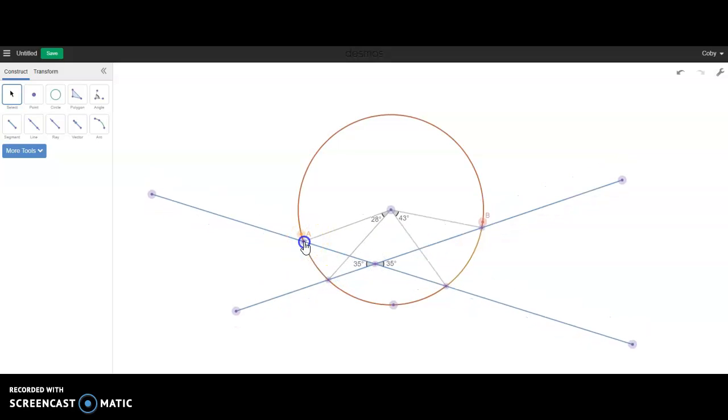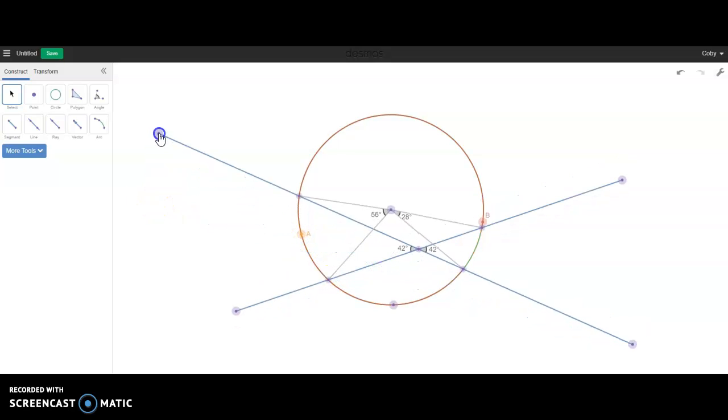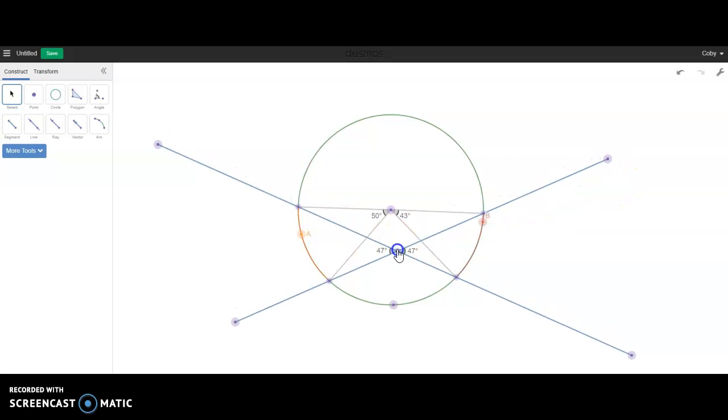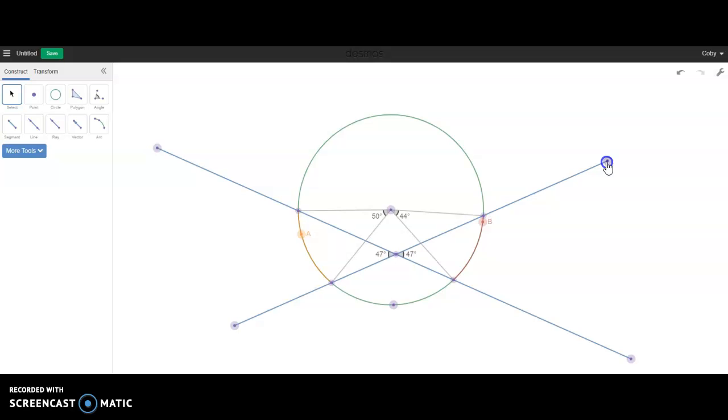I can make this a bigger arc. Let's go like this. And no matter what we do, within rounding, this 47-degree angle is half of the sum of these two arcs. So that's 94 if I add together the orange and the red arc, 94, half that, and you get this angle, 47.